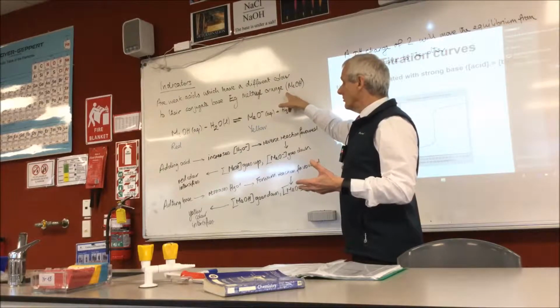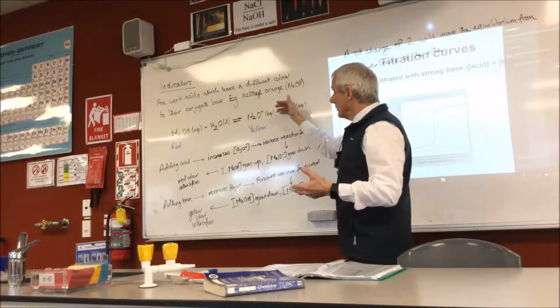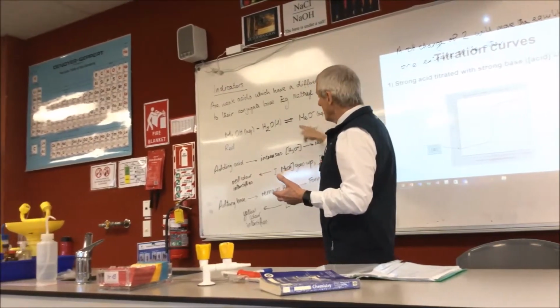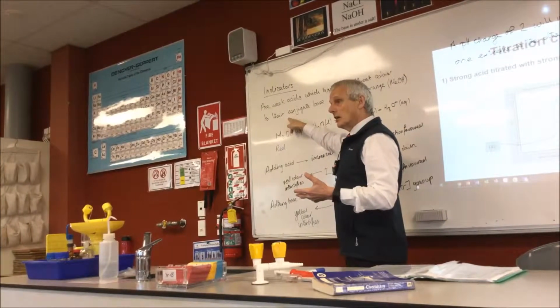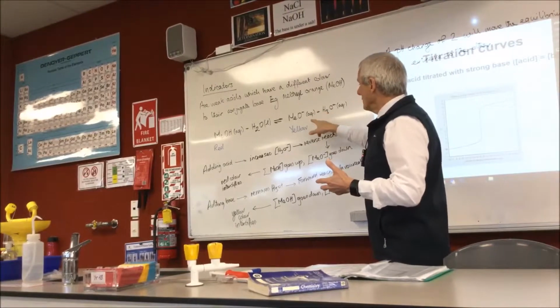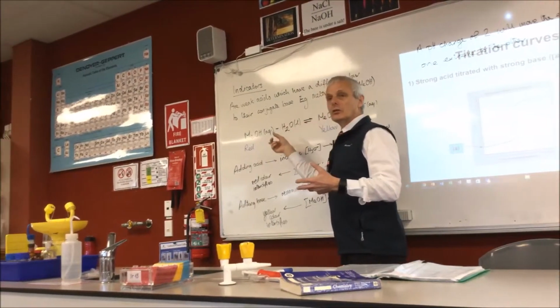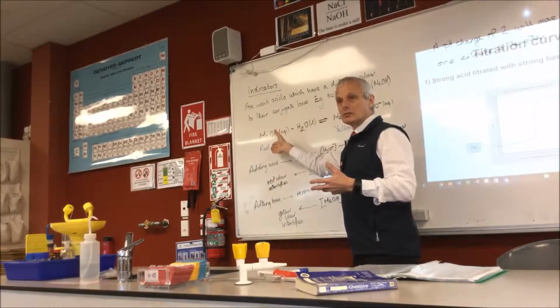So the system responds by favouring the reverse reaction to try and reduce that. This reduces the concentration of this and increases the concentration of that. So overall, the effect of adding acid is to diminish the yellow and increase the red. So if you add enough acid, it just goes red.